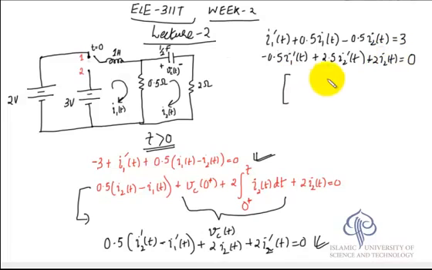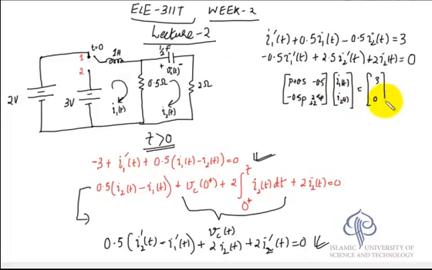So writing this using the differential operator p, you can write p plus 0.5, minus 0.5, and then minus 0.5 p, and then 2.5 p plus 2, and here you have I1t, I2t is equal to 3 and 0.